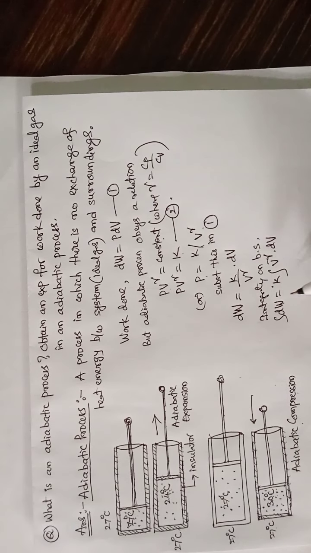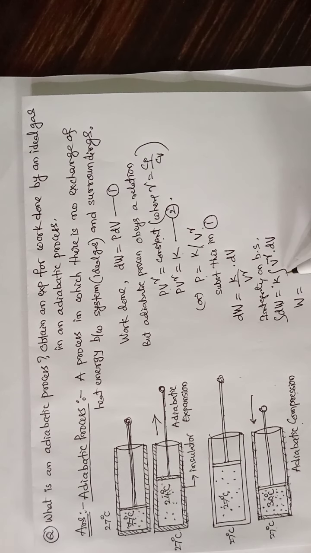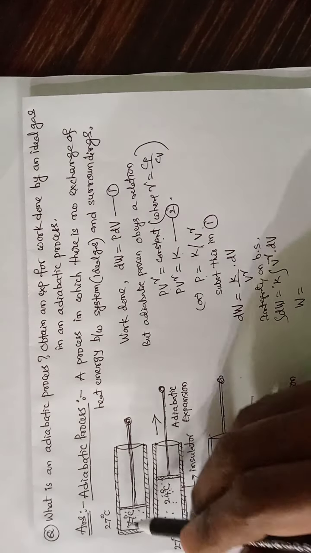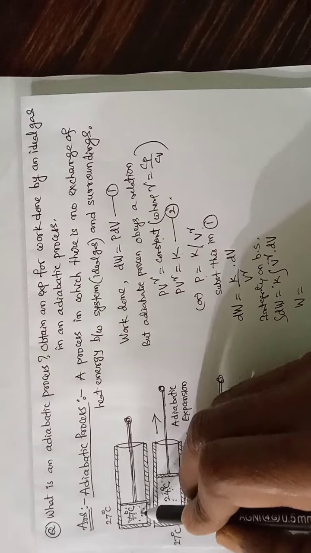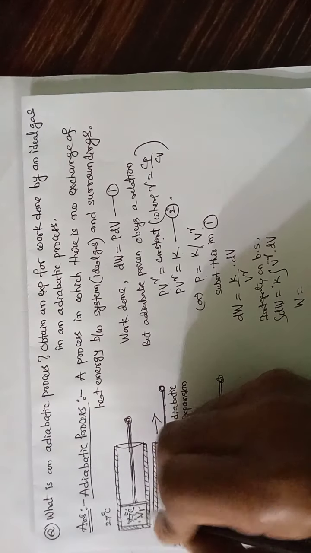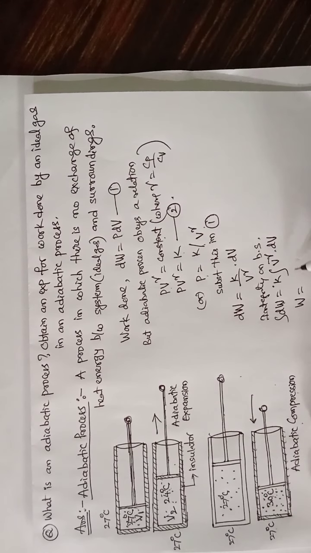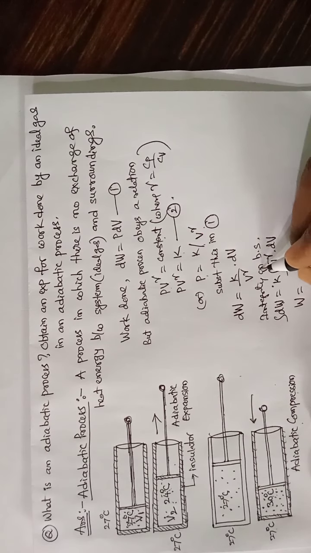Integrating dW, we get total work done. And here V is a variable, and for integration we have to mention the limits, from which limit to which limit it should be integrated. If you consider adiabatic expansion, initial volume is V1, final volume is V2. So from V1 to V2.